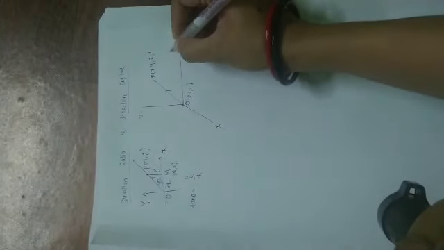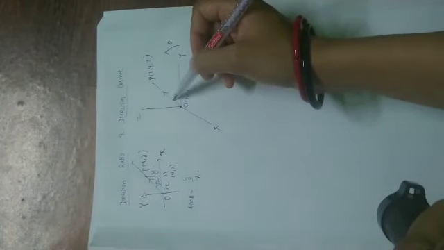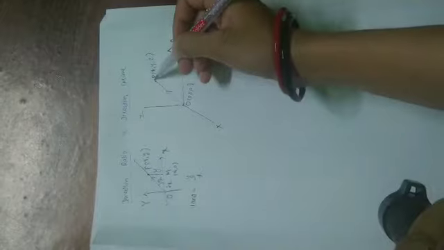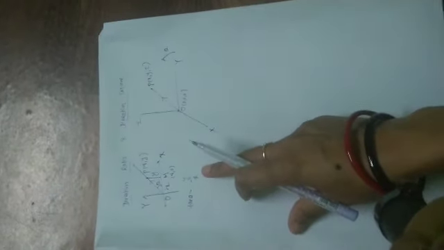And if this is the angle theta, I can't write that this is theta, because this makes an angle with the x axis, an angle with the y axis, and an angle with the z axis. In 2D, we only discuss the angle with the x axis, not y.